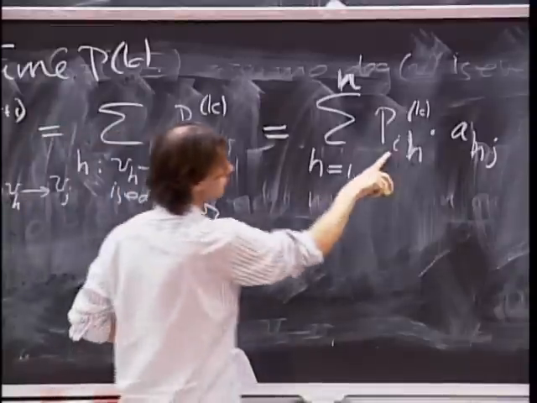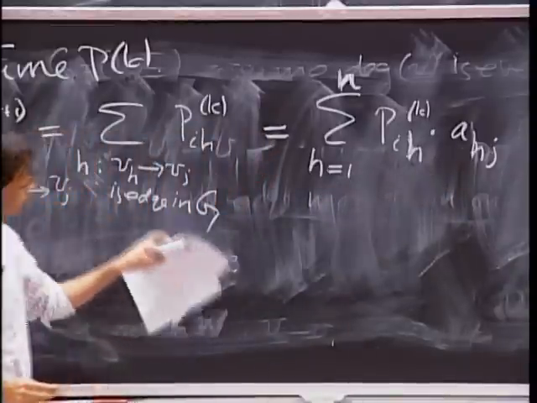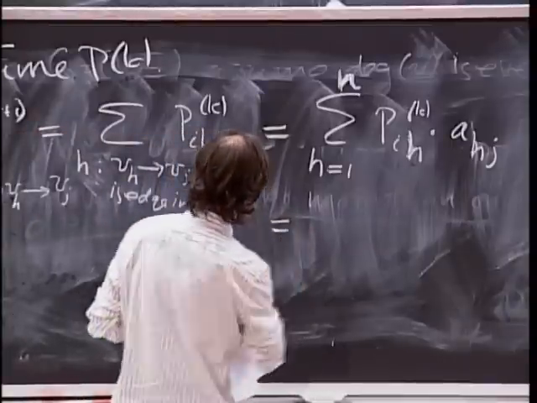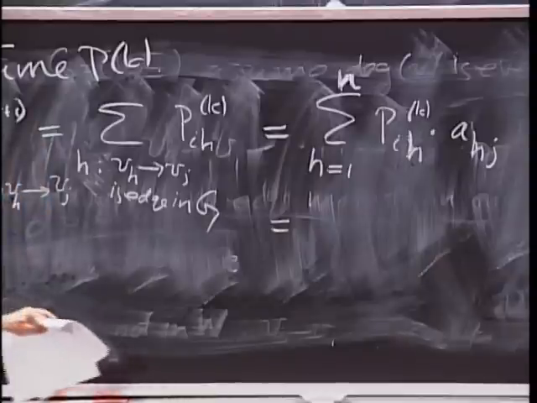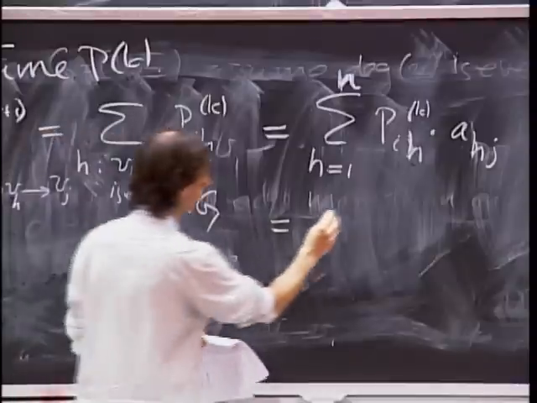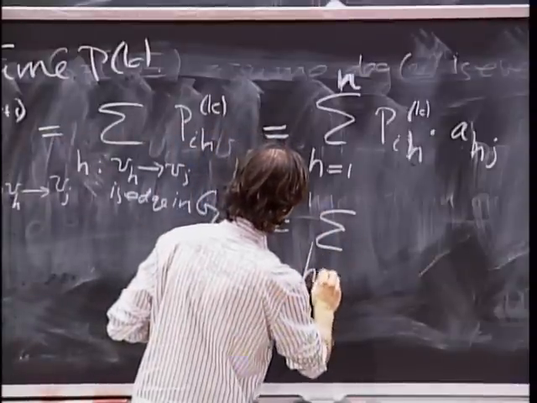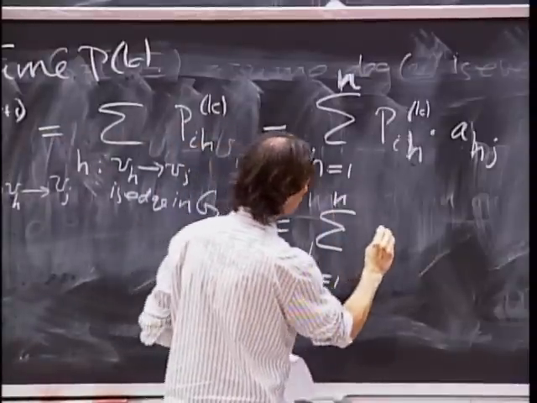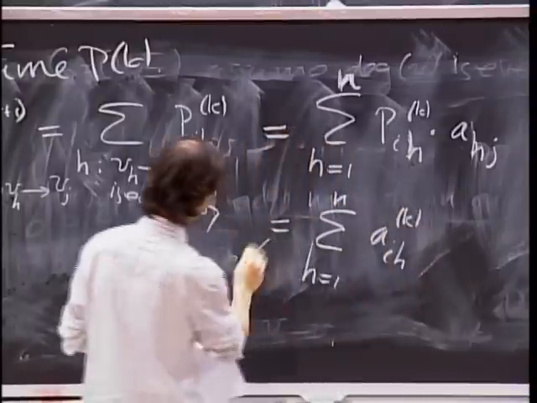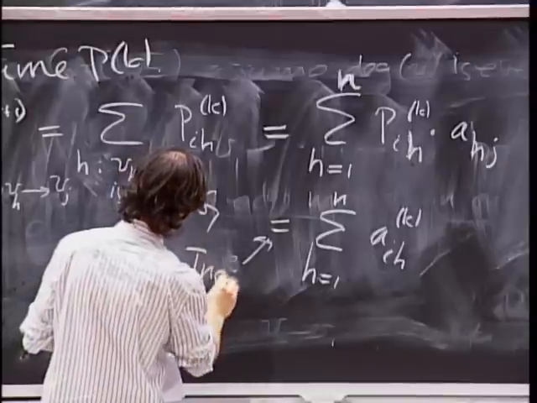I do not count this if there's a 0 over here, that is if there's no edge. But now we can use the induction hypothesis, because I know that these numbers are equal to the A's. So we rewrite this, and we see that we get A_ih(k). So this is where we use the induction step, right?